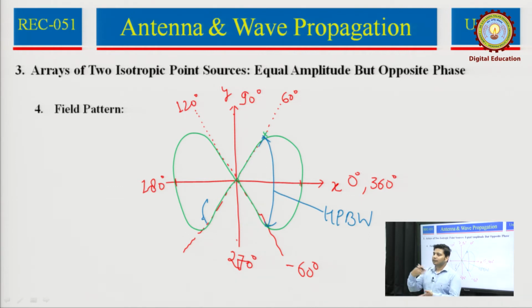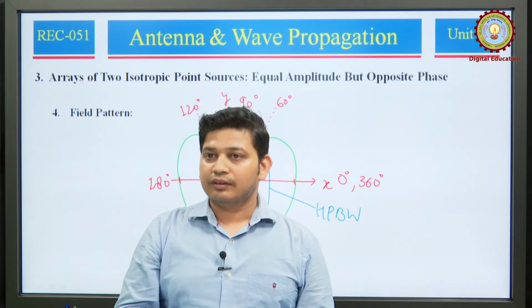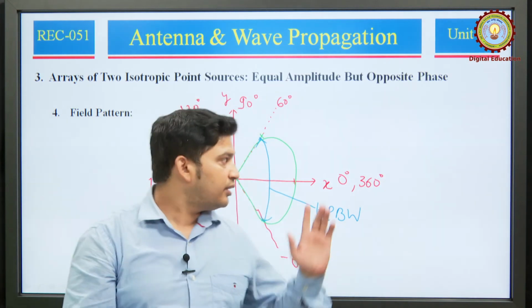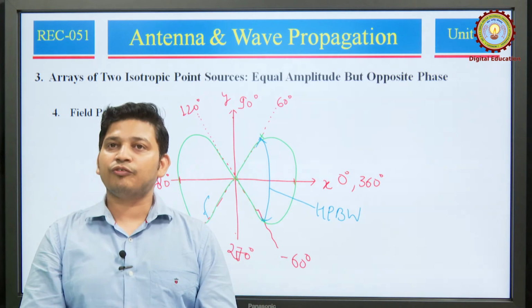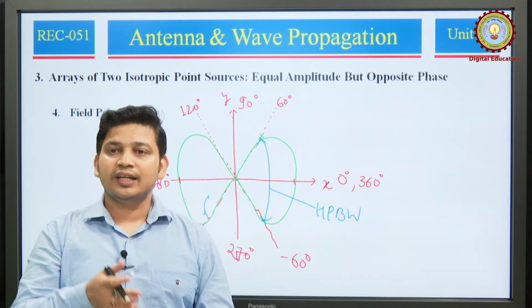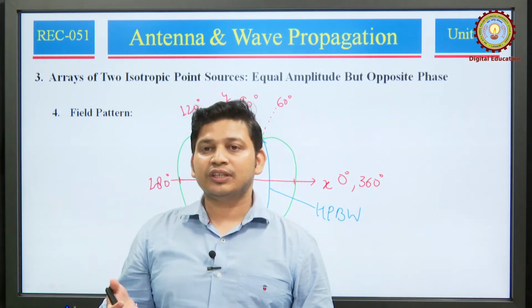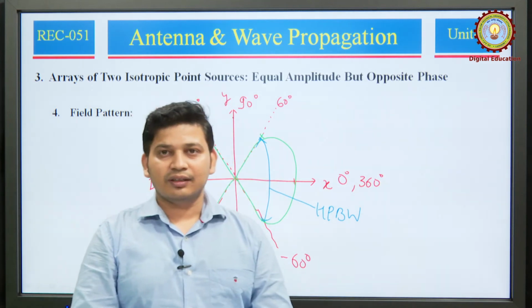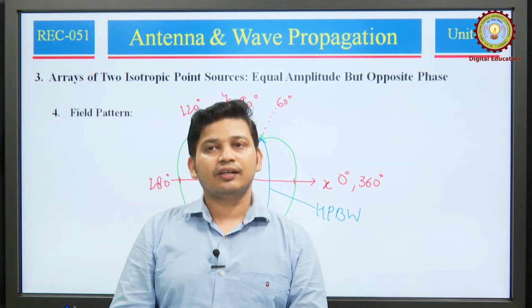Okay. So, if we want to cover 360 degrees, can we use this combination: an array of two equal sources with the same phase and an array of two point sources with opposite phase? Together, roughly 360 degrees we can cover.